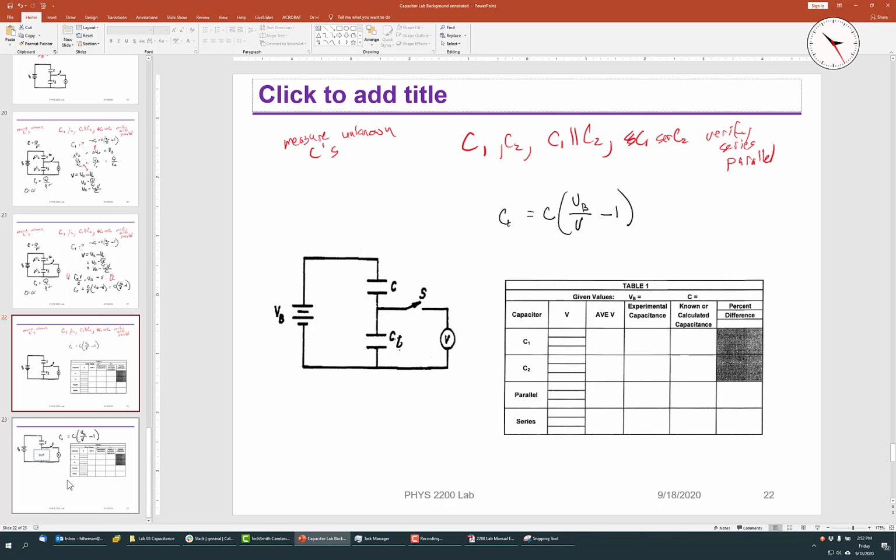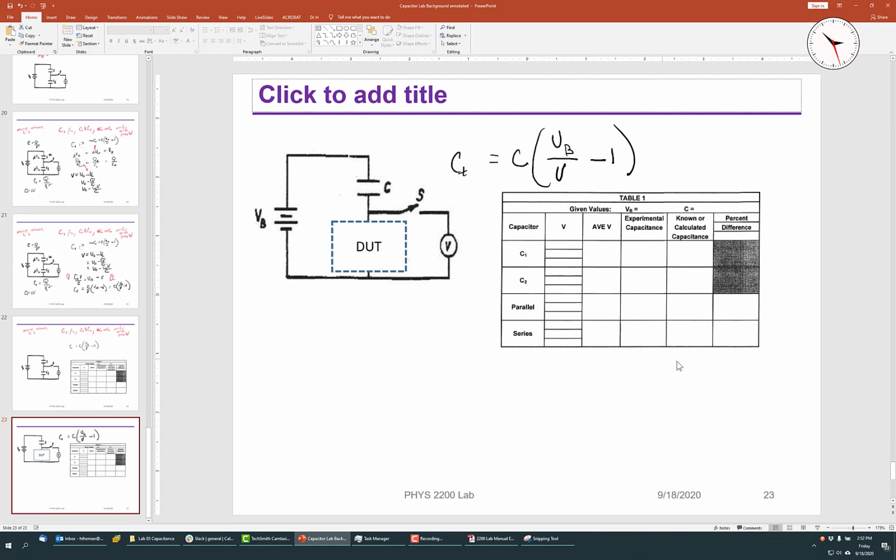So what happens is we're going to transition now to this figure. What we're actually going to be doing, remember we had CT from the previous slide. What we're going to say now is that this is actually the device under test. Engineers love this one. Device under test.